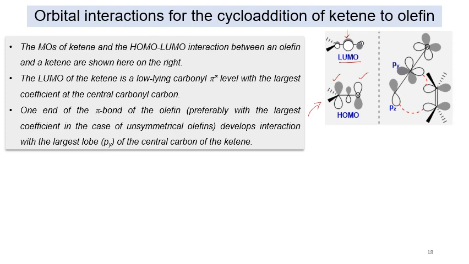So the LUMO of the ketene is a low-lying carbonyl pi star level, and it has the largest coefficient at the central carbonyl carbon.